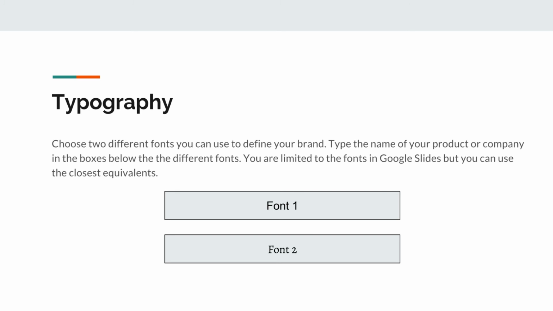And these fonts, of course, on this assignment, you're kind of limited to the fonts that they have in Google Slides, but you can find equivalents, things that kind of match that idea, or are pretty close to the fonts you want to use, but at least give you the idea of what your fonts are going to look like on your web page and what your fonts are going to look like in your advertisements.